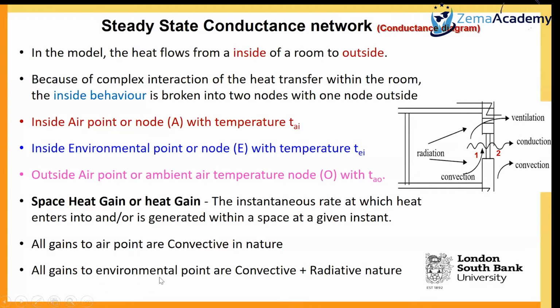The environmental point is the point where you are considering the radiative heat transfer process. So I hope that these two aspects are clear. The distinction is that the air point will have just the convective heat transfer part, whereas the environmental point, node E, will have heat transfer through both convection and radiation. So these were some assumptions that will be used in building up the model.